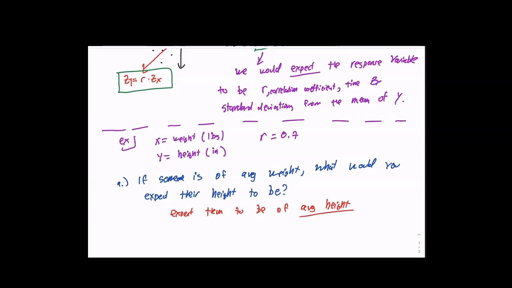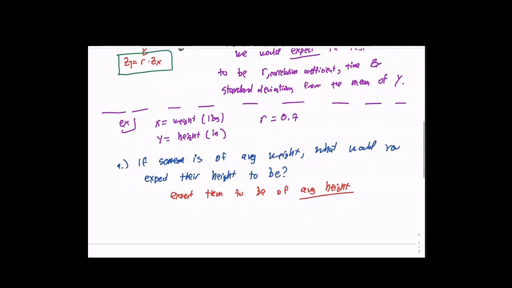If they're average in one variable, and you know nothing else about this person, here's the idea: you don't get to see this person. If I told you somebody was entering the room, and I said, guess their weight and guess their height before you ever see them, and you can be off by a couple of inches, it's okay.